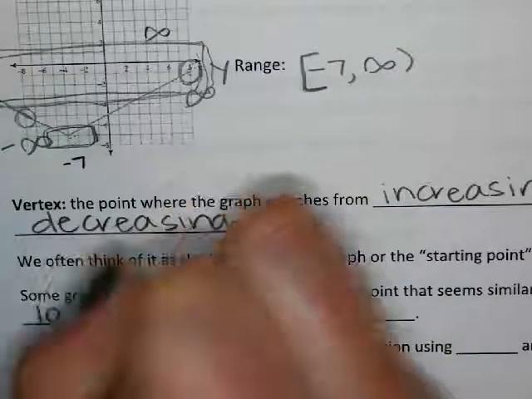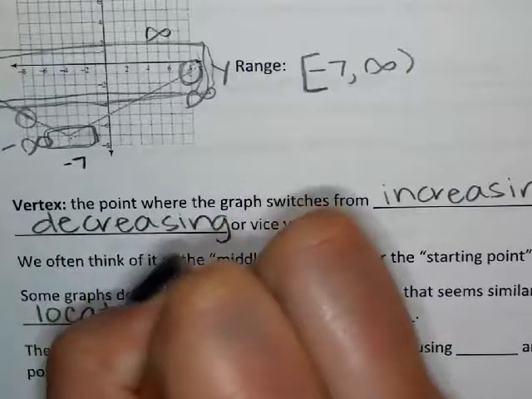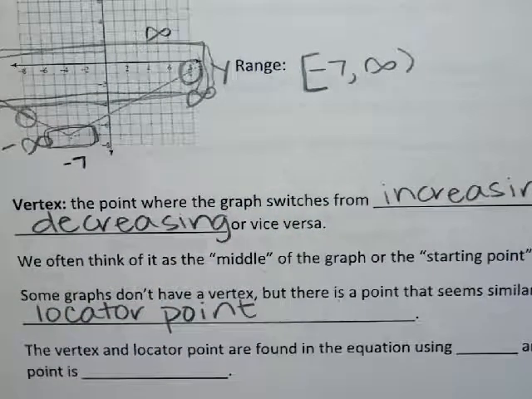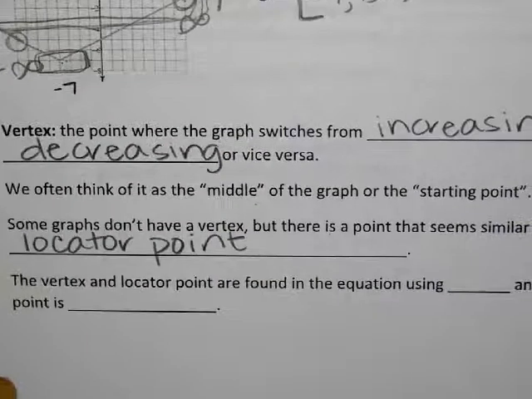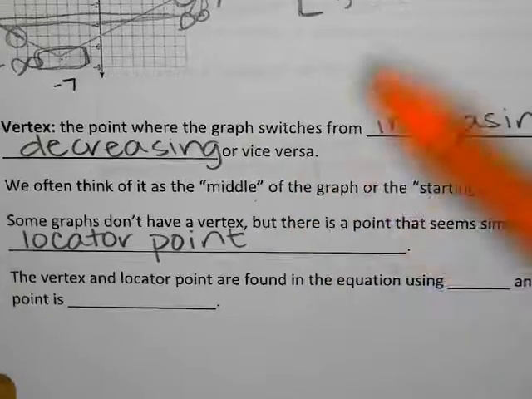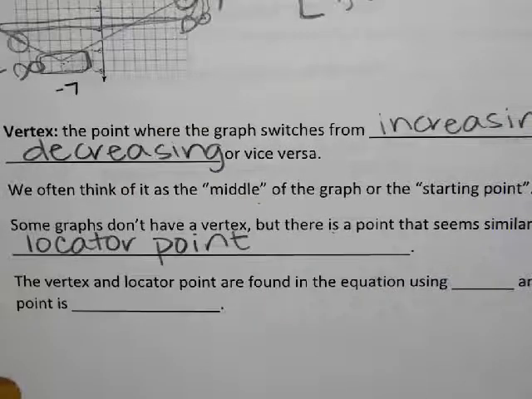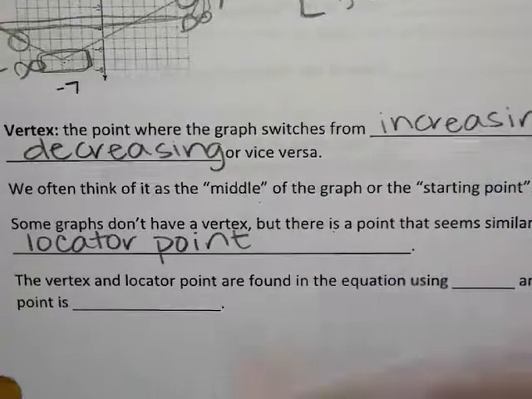Because remember, these words don't just describe what we're learning for this unit. They're actually going to be used as vocabulary in all the units that we study after this too, all the other functions that we study. And so it's going to be helpful for us to have terms that are accurate. So vertex is what we'll use for things that switch directions like this. And if it doesn't switch directions but still has that middle point, then we'll call it a locator point.